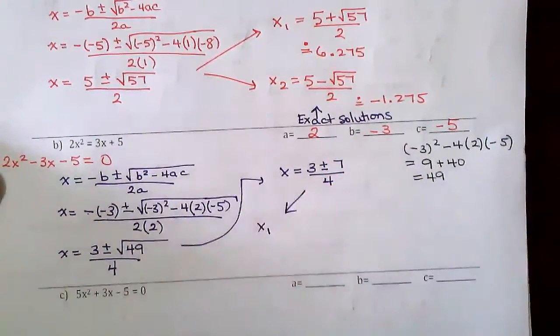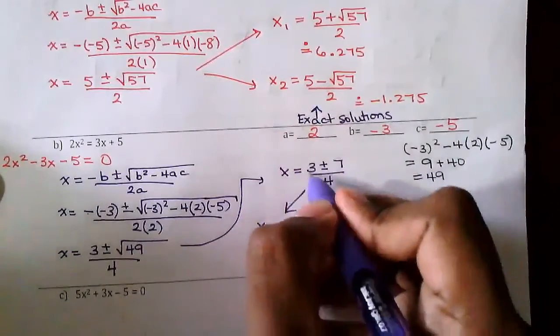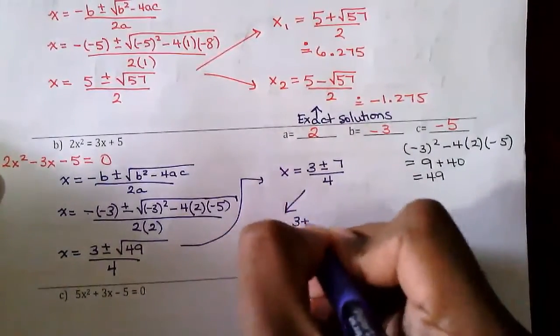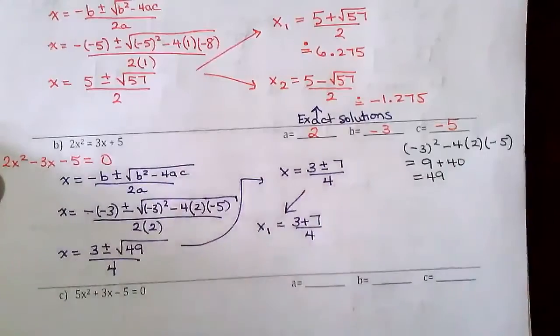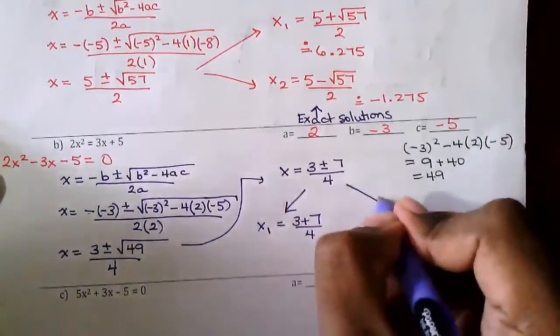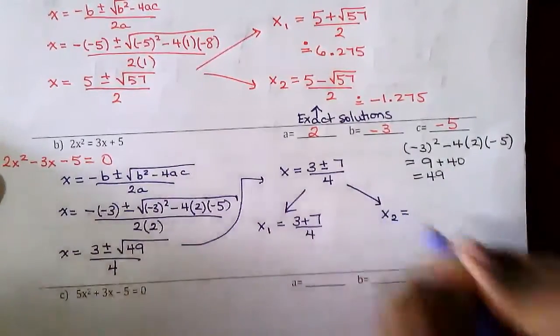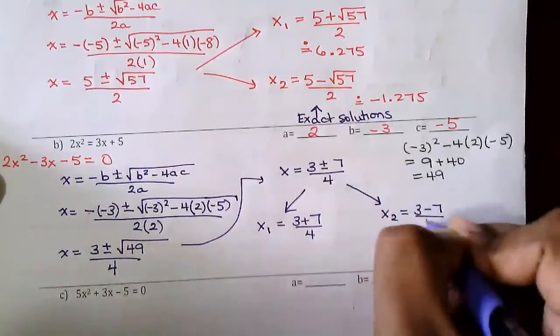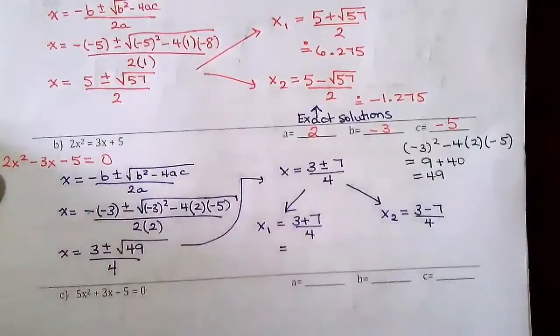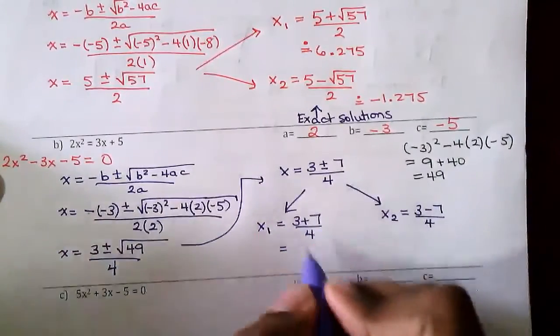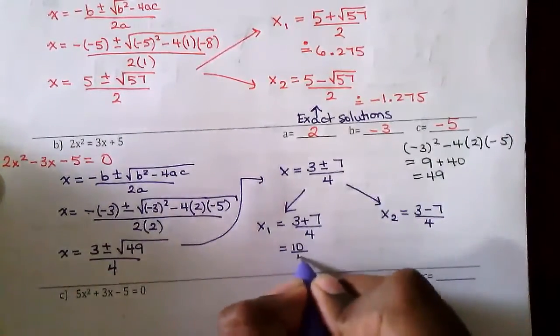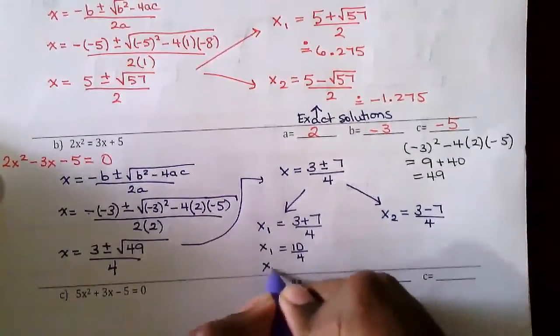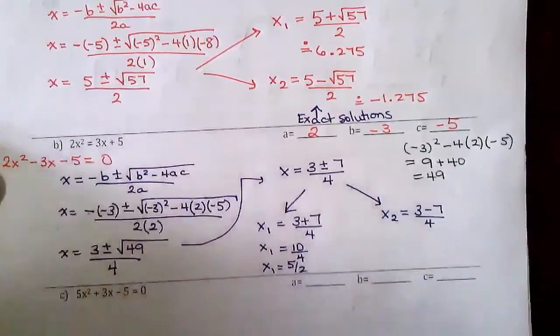The first scenario is where I take the positive 7, so 3 plus 7 divided by 4. And the second scenario is where I take the negative 7, so 3 minus 7 divided by 4. If I put this in, I have 3 plus 7, which is 10 over 4, which can be reduced to 5 over 2.